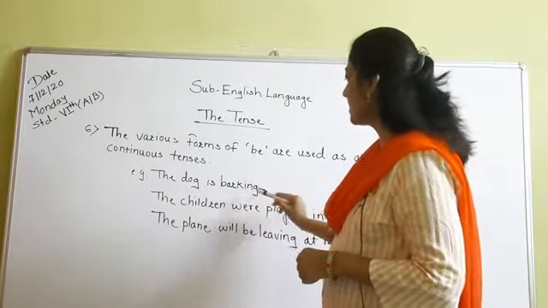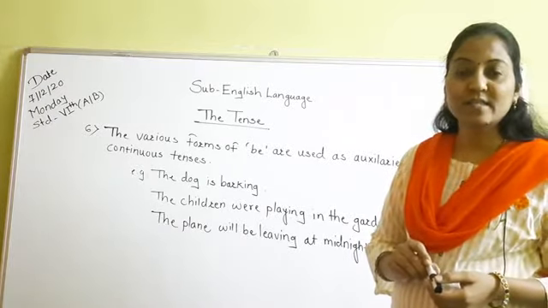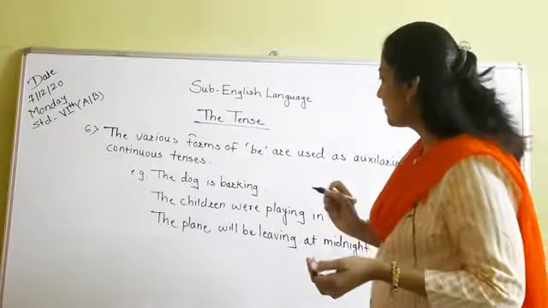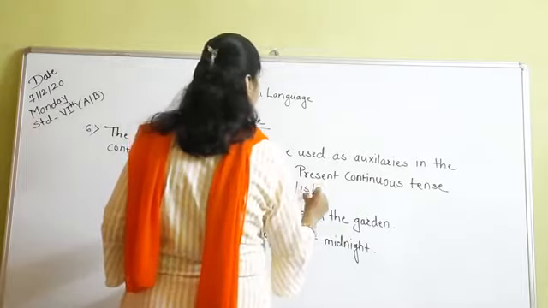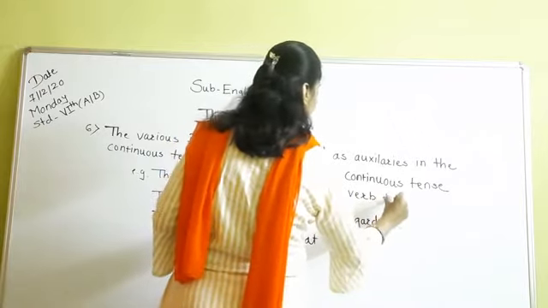The dog is barking. Now students, what is the formula of present continuous tense? In the present continuous tense we are using am, is, are plus verb plus ing.